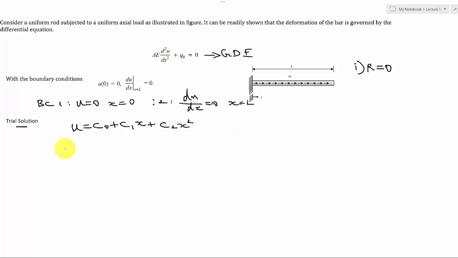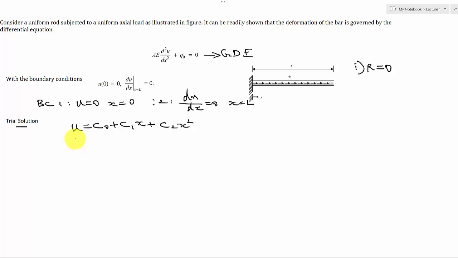And we know that the assumed trial solution should satisfy the boundary conditions. So here the trial solution that we have assumed will not satisfy the boundary conditions. So what we have to do is substitute the boundary conditions in the trial solution to make it satisfy them. Be clear about it: two possibilities are there.